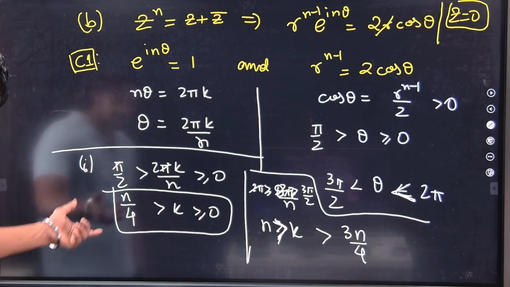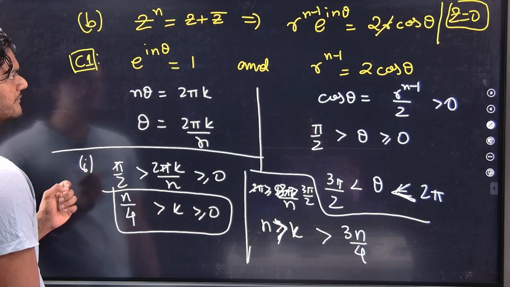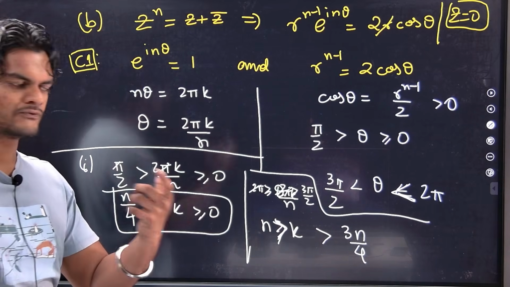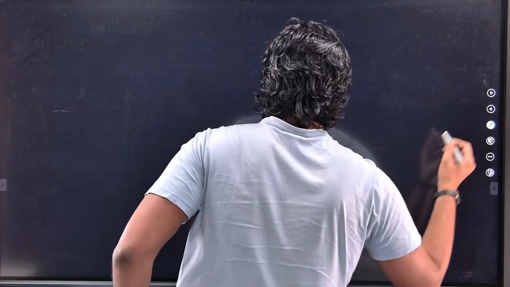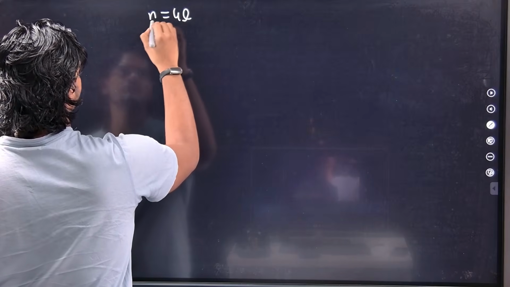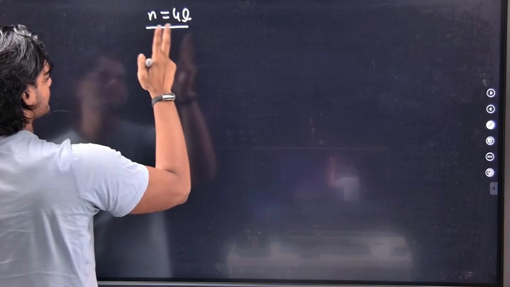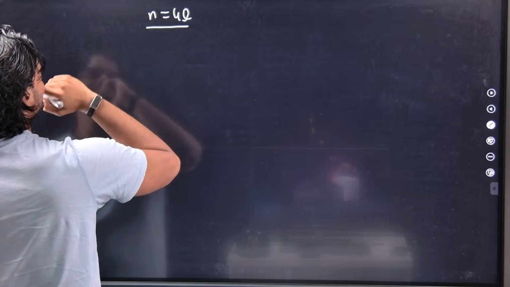So here you see we have the n by 4 term. The case will be different if n is a multiple of 4, right? Because if you have n equal to 4k, k is already used, so 4l. So it is again 2 cases, sub cases.